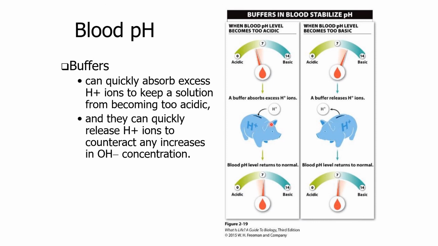And as I said, an acidic solution is a solution that has way too many hydrogen ions. And so if your blood is starting to become acidic, that means that for whatever reason, you now have a bit more hydrogen ions in your blood. So what are your buffers going to do pretty quickly?